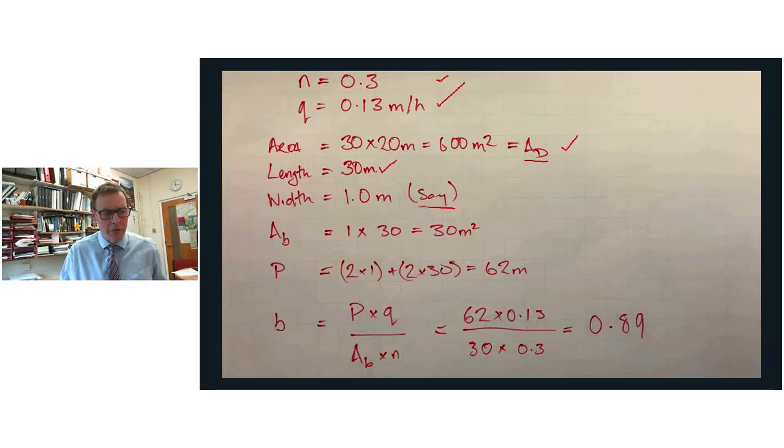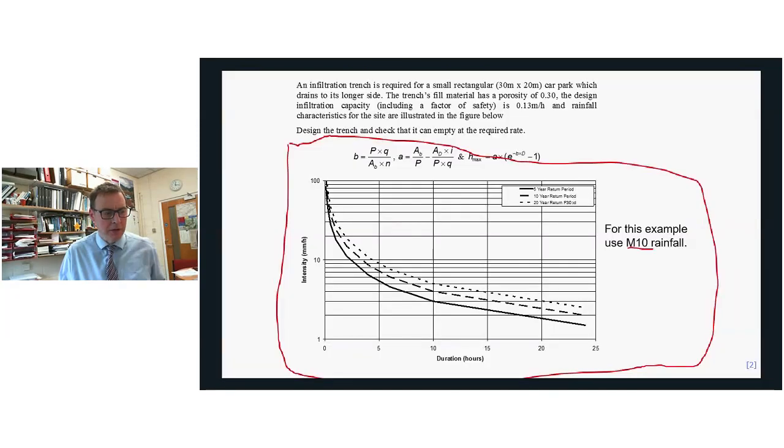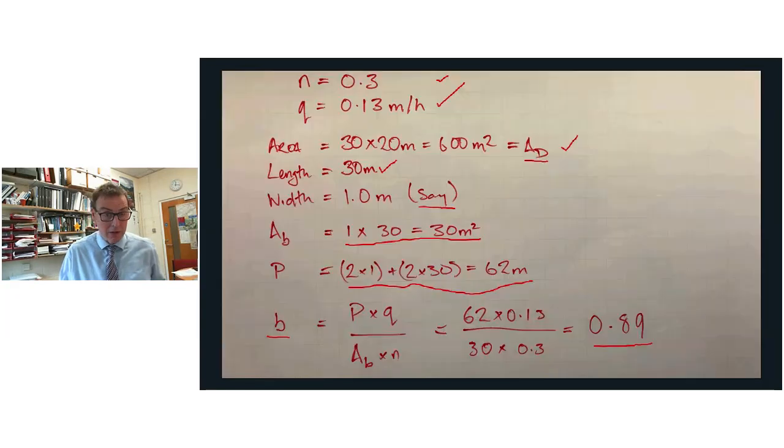Then the area of the base of the device, which is 30 metres squared, the perimeter, which we can calculate, and then this constant parameter b, which is used to size the device, and that came out at 0.89. Obviously, when you're doing this, it's important that you're consistent with your units. Where you might fall down is that the intensity here is millimetres per hour, whereas all the other length units are in metres, so be consistent.